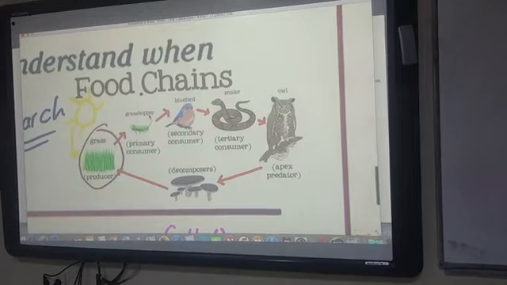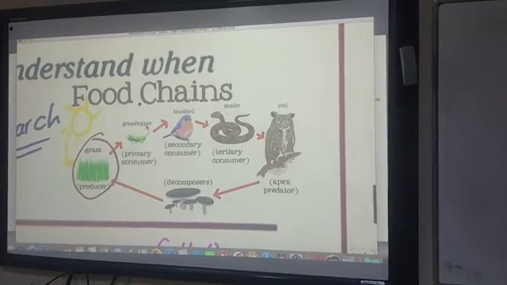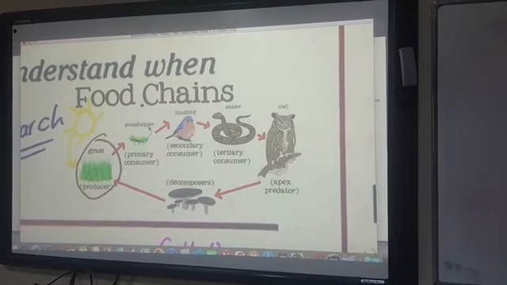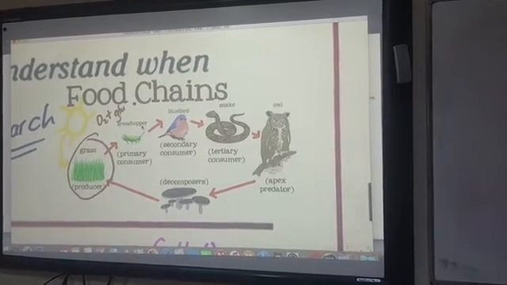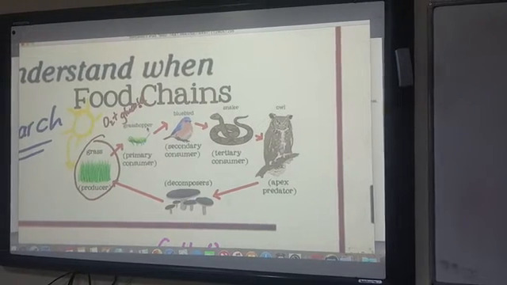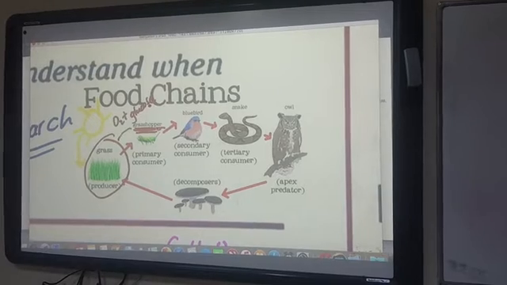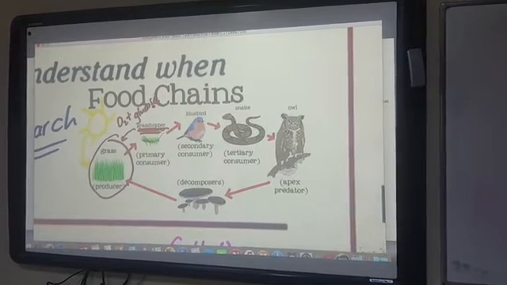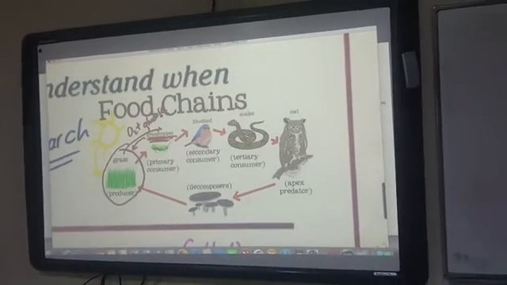The name of this process, the reaction, is photosynthesis. Plants produce oxygen plus glucose. And then plant eaters eat plants, and this energy passes to the plant eaters.